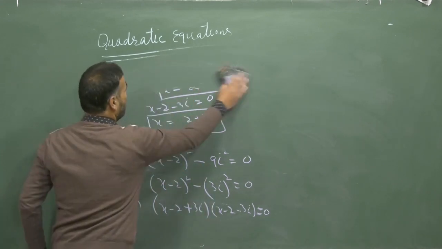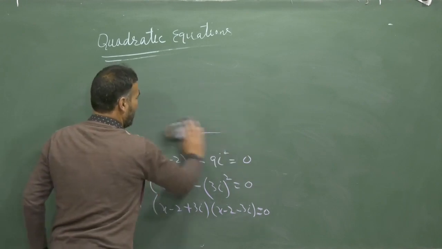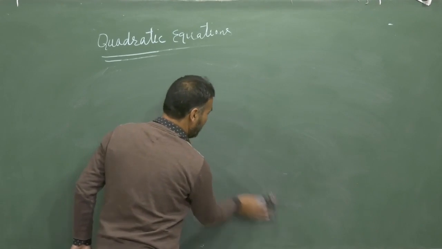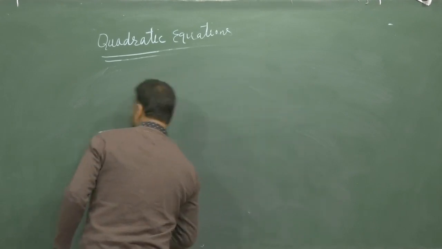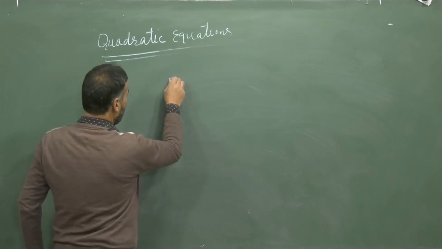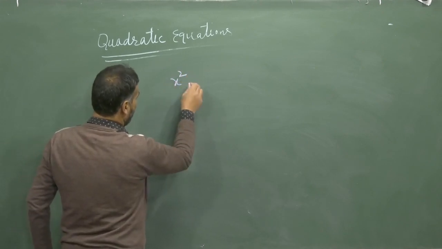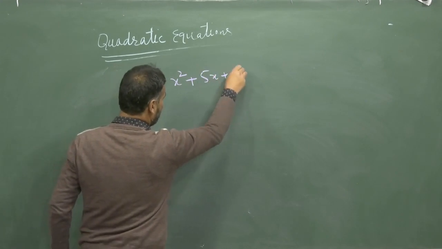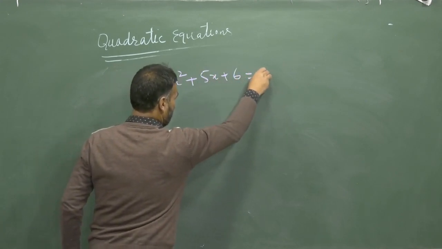Now one more. If this is a quadratic equation having complex roots, what will happen if we get a quadratic equation like this: x square plus 5x plus 6 is equal to 0.